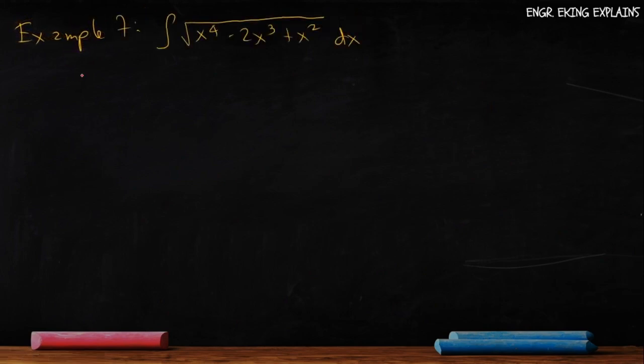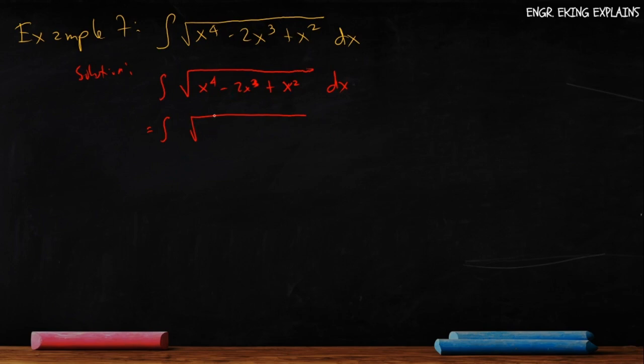Okay, so our last example. So we have here the solution. Okay, so we have the integral of the square root of x to the 4 minus 2x cubed plus x squared dx. So the very first thing to do is to factor out.